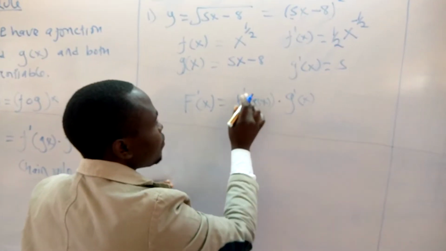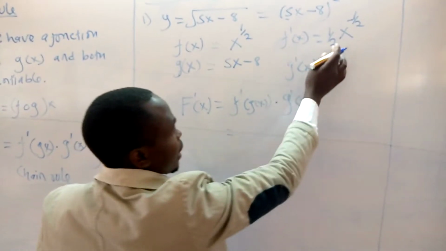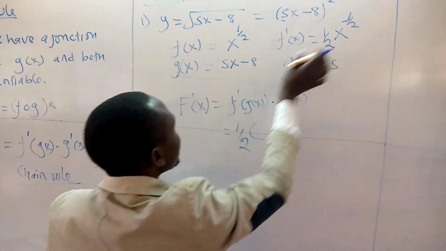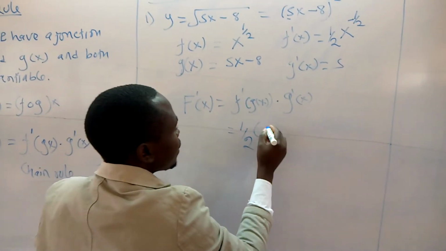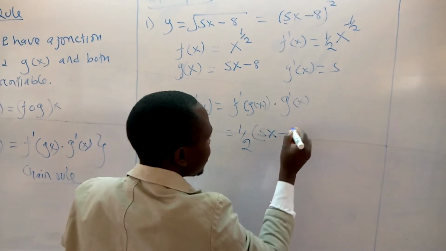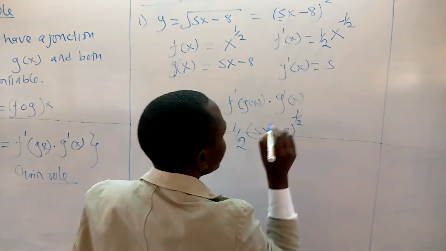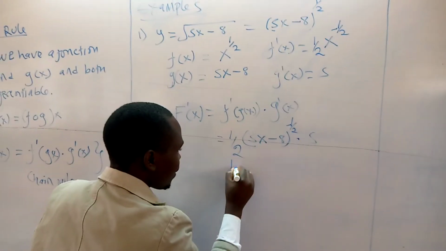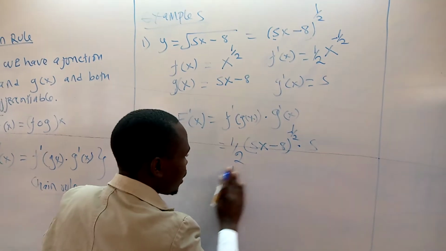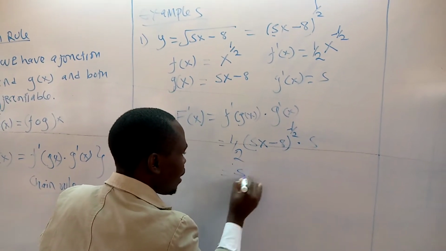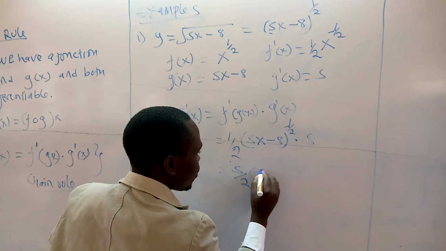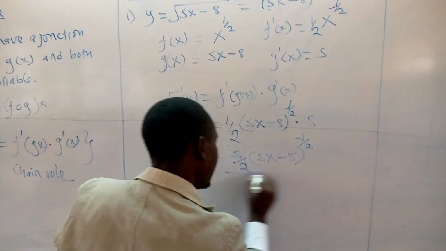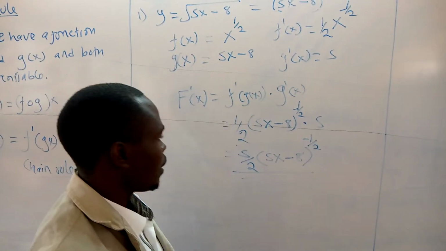Therefore, f prime is a half into g of x; in place of x, I present g of x, which is 5x minus 8, raised to negative 1 over 2, multiplied by g prime, which is 5. It's the same as 5 over 2 into 5x minus 8 raised to negative 1 over 2. This is the chain rule.